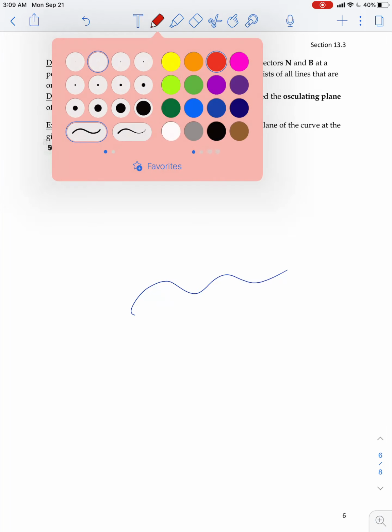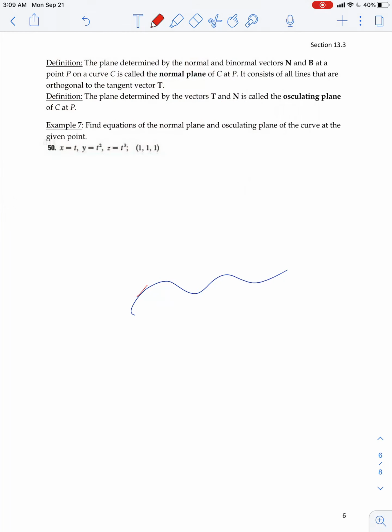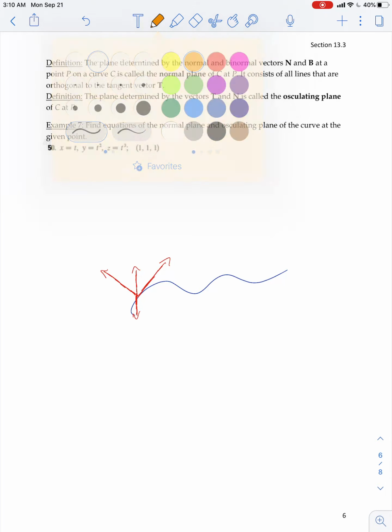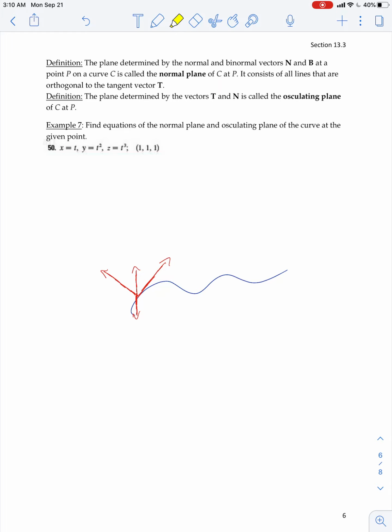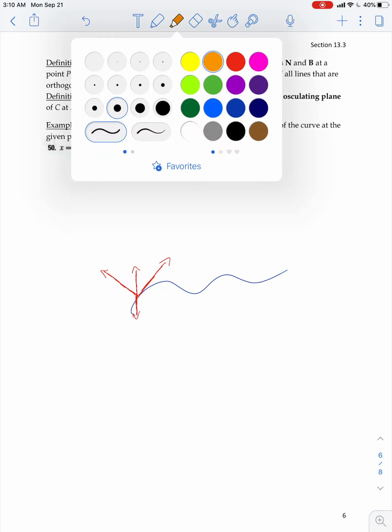So again, I'm just going to draw this for you real quick. Say, here's the curve, and we have our vectors. Here's the tangent vector. Here's the normal vector. And then say there is the binormal vector, and that's just going to come off on both sides that way.